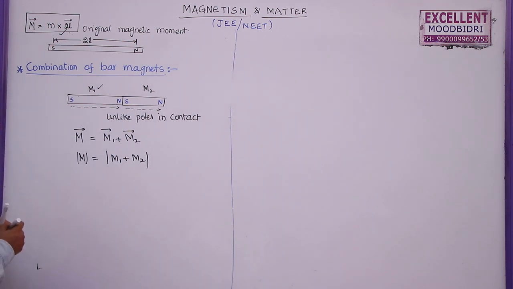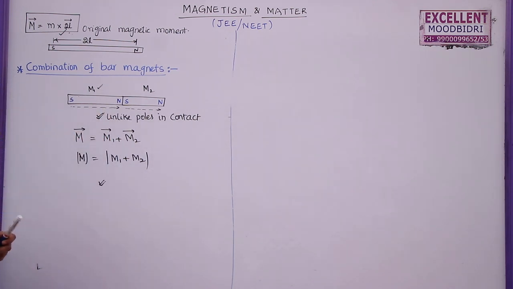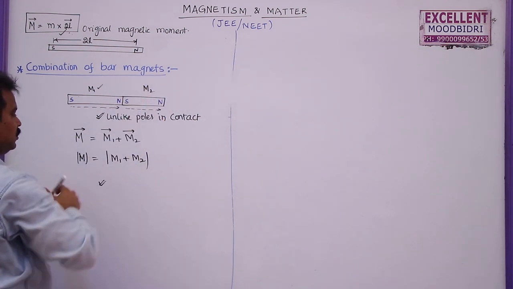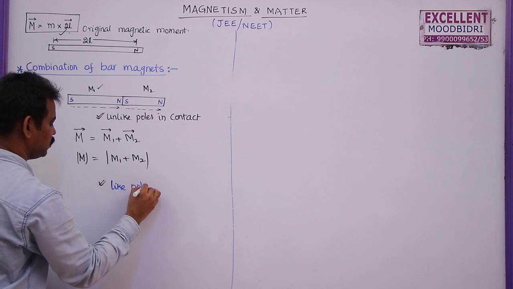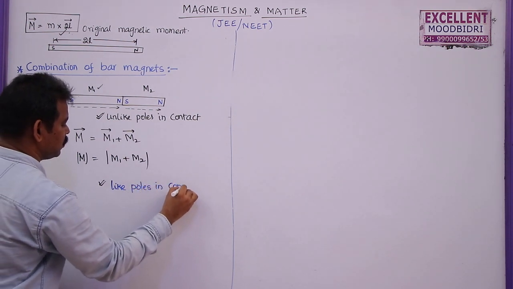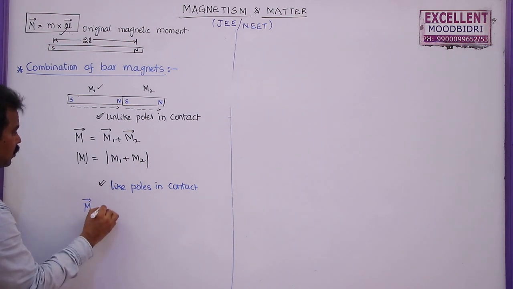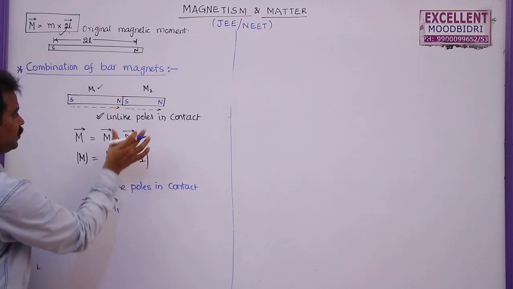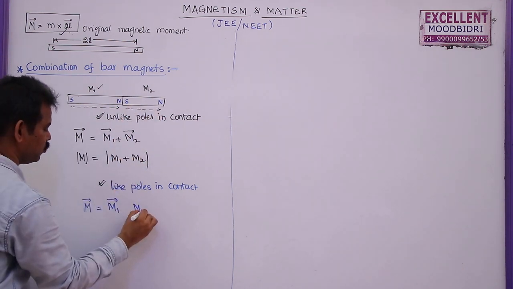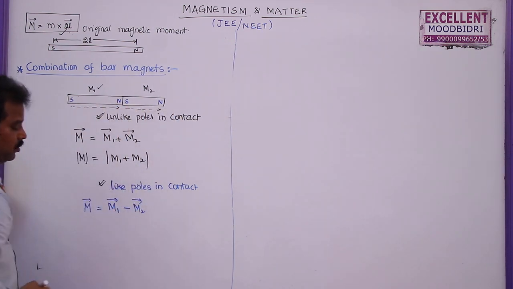Suppose the same bar magnets, instead of unlike poles in contact, have like poles in contact. What happens? Let us say one of the magnets is reversed, like poles in contact, then what is the new magnetic moment? So this remains as M1 bar only, but this will become M2 bar acting along negative x-axis, so I need to write minus.